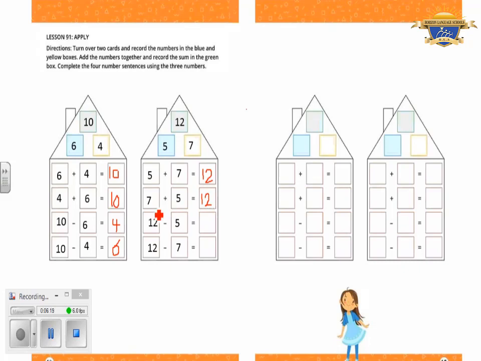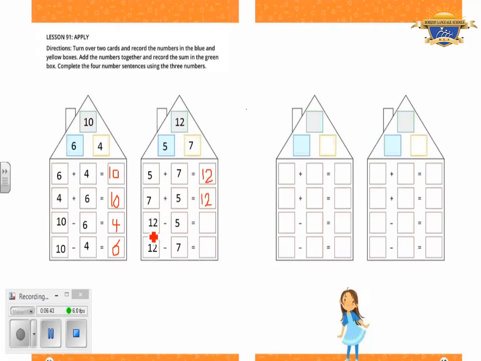Okay, for the subtraction problem, we said that in subtraction order matters. So I have to start with the biggest number. What is the biggest number I have here in those three? 5, 7, or 12? Of course, 12 is the biggest number here.